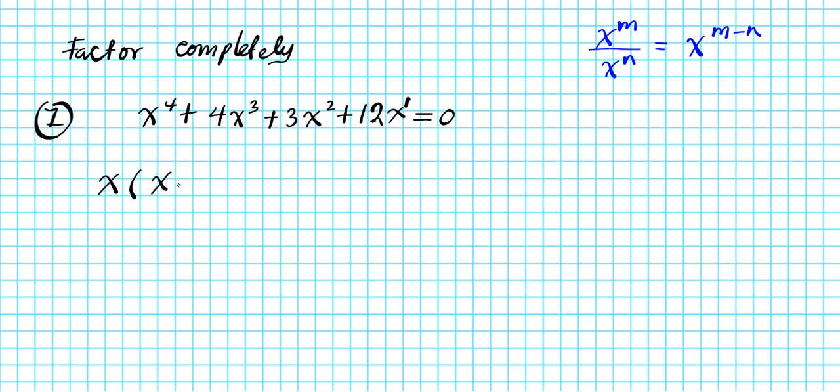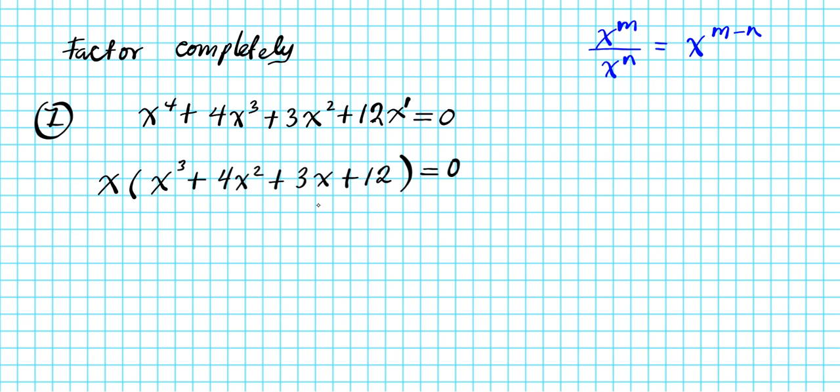Okay, so that's what we're going to do here. If you take out x to the first power from x to the fourth power, you just subtract 1 from 4, you end up with x to the third. Plus, if you factor x from 4x to the third, you end up with 4x squared plus 3x plus 12.